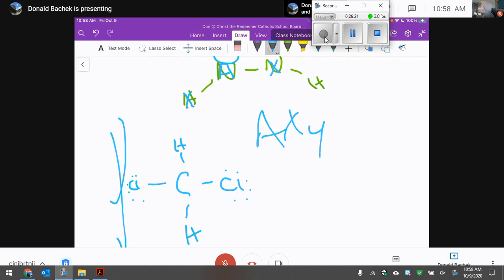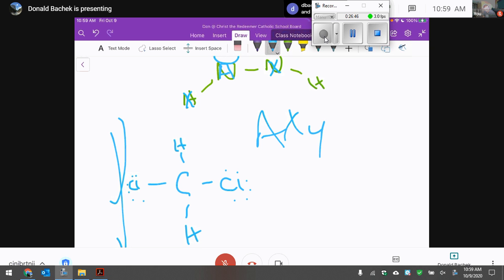Is this polar or non-polar? Polar. It looks like it's non-polar though, right? It looks like those forces could cancel out, but why don't they? Somebody. Three-dimensional, right? So these are three-dimensional. We, of course, don't have these across from each other like we've drawn them, yes?